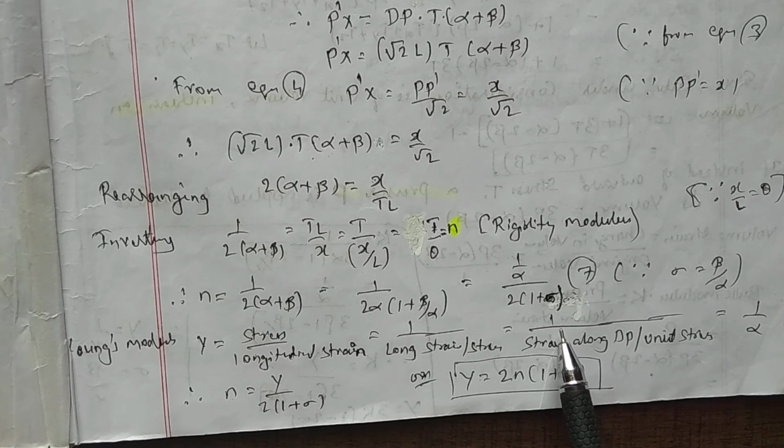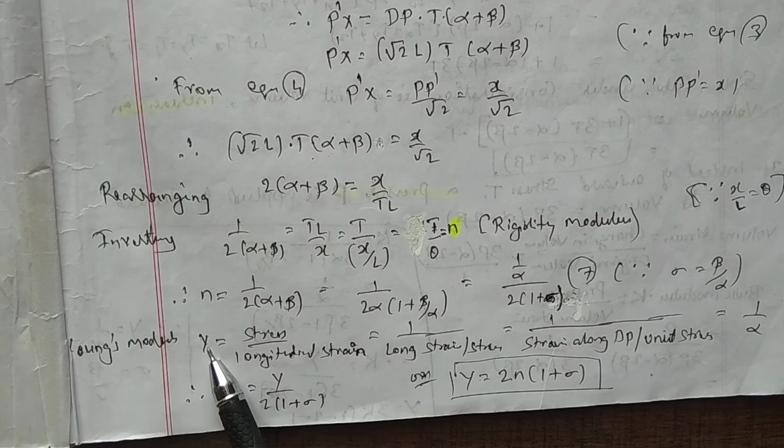Now this may be taken as 1 by the strain along the diagonal DP per unit stress, which is nothing but alpha, the longitudinal strain coefficient.